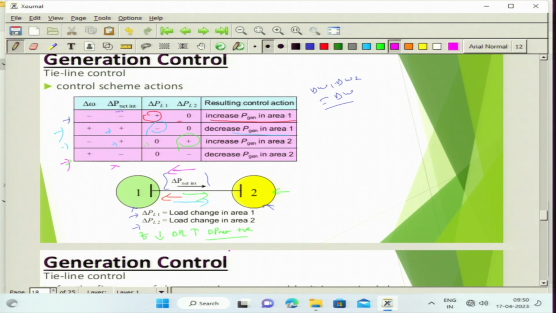There is an increase in generation, or decrease in load, at network 2. That is why the frequency overall is increasing and power flow is positive into network 1. So henceforth you ask generation 2 to decrease their generation. So this is how the control action is brought in.